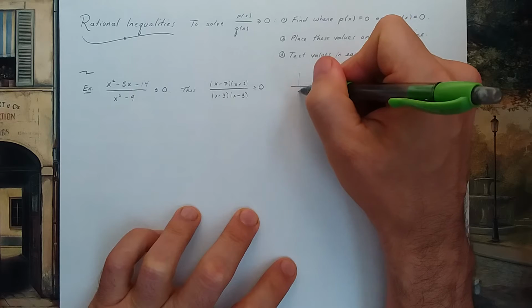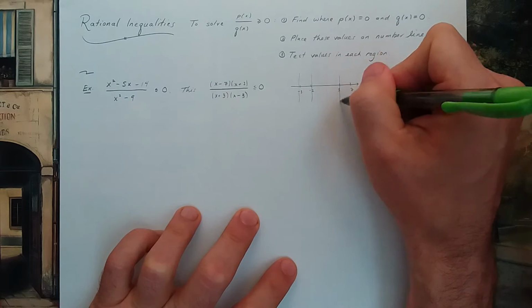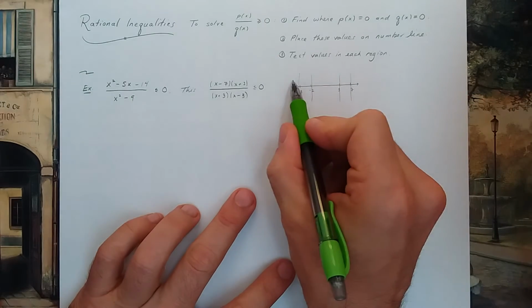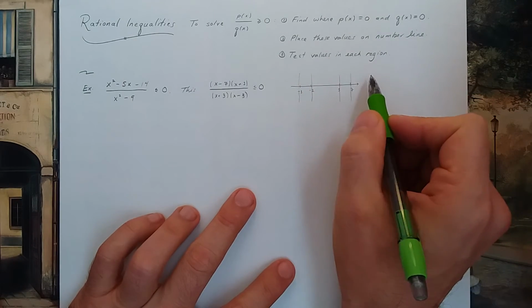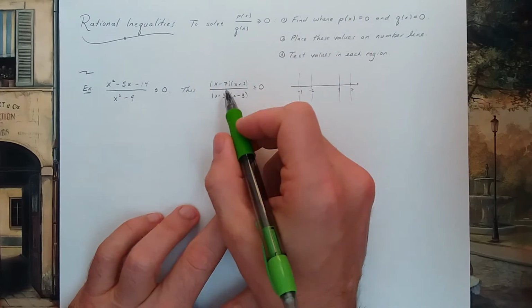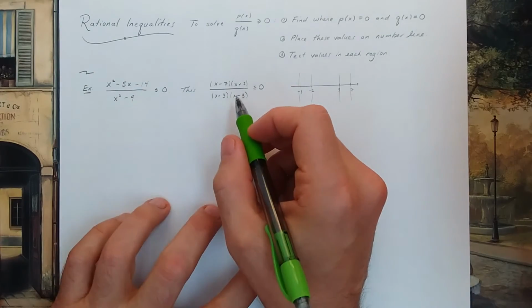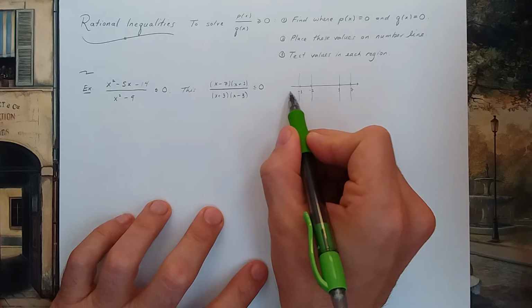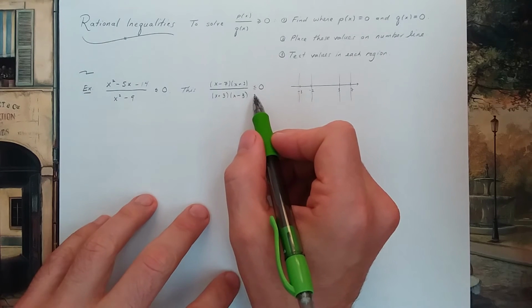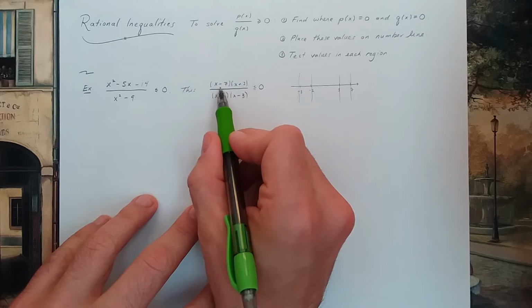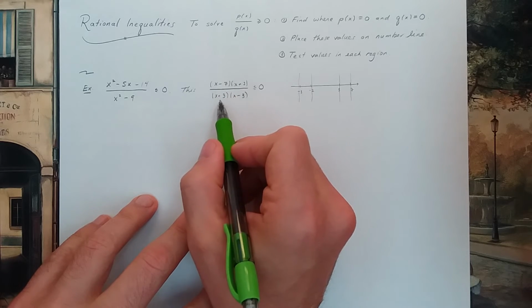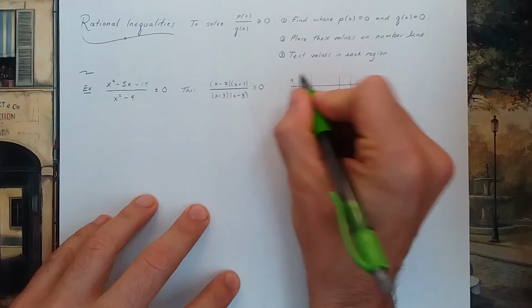This creates barriers that section the number line into regions. I'm going to just test each region to see if the function is positive or negative. So if I plug in a very negative number, so if I plug in negative 4, negative 5, or a very big negative number, then you could do the calculation and I think you'll find a positive result.